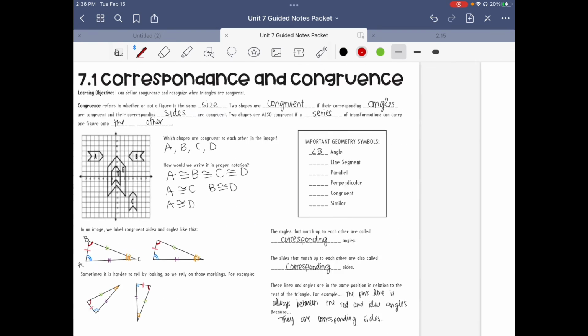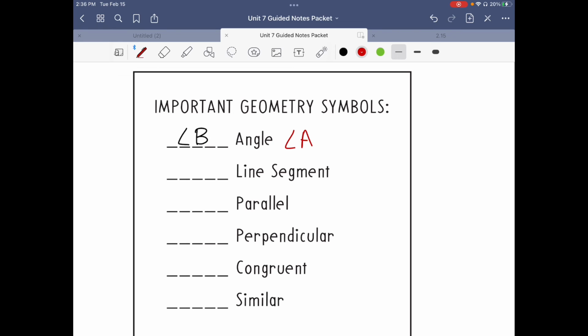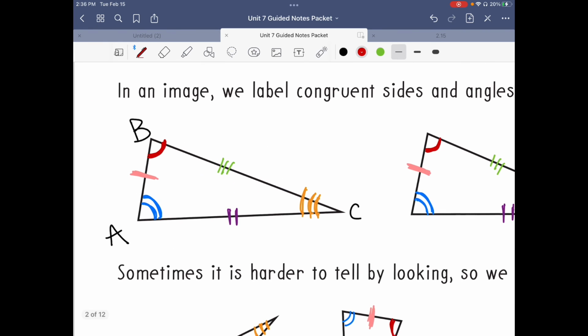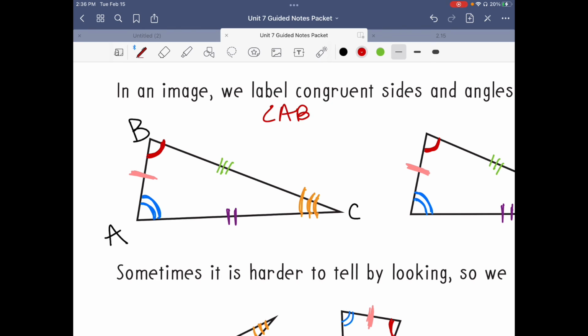And we could write angle ABC. So if I say angle ABC, which angle am I talking about? Well, these are directions. You go from A to B, B to C. The angle that you're talking about is the one in the middle. The vertex is always going to be in the middle of those letters.